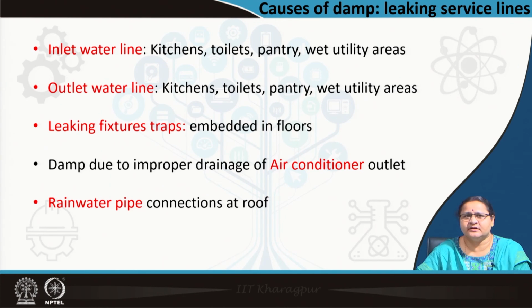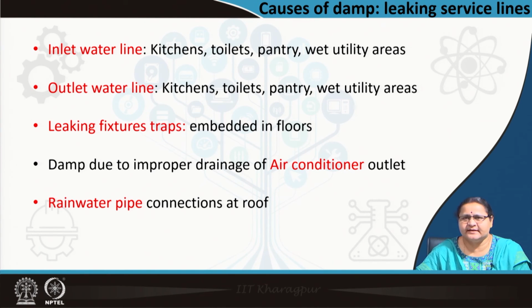And another is the rainwater pipe connections at the roof. Just by seeing, when you become an architect, you must be able to identify the reason behind a particular damp, and nonetheless you have to take action.